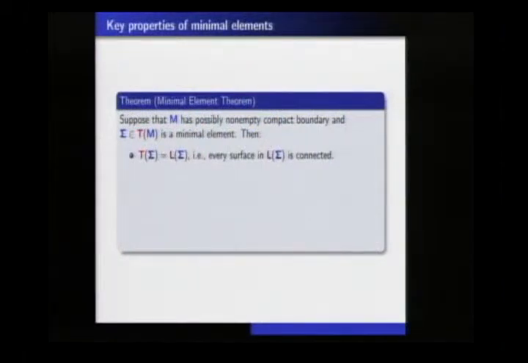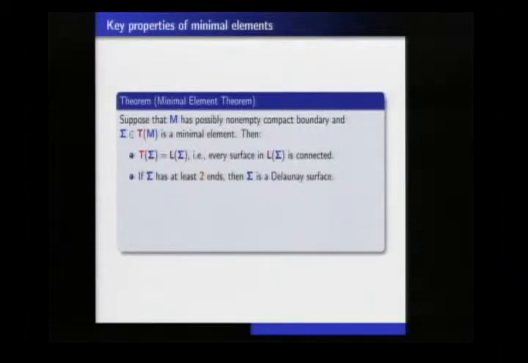If I do it from points on the surface, then there will always be some component going through the origin. There might be lots of them, but anyway. What this means is that the surfaces you get are connected. T of sigma are these connected components going through the origin. So you don't get more components.